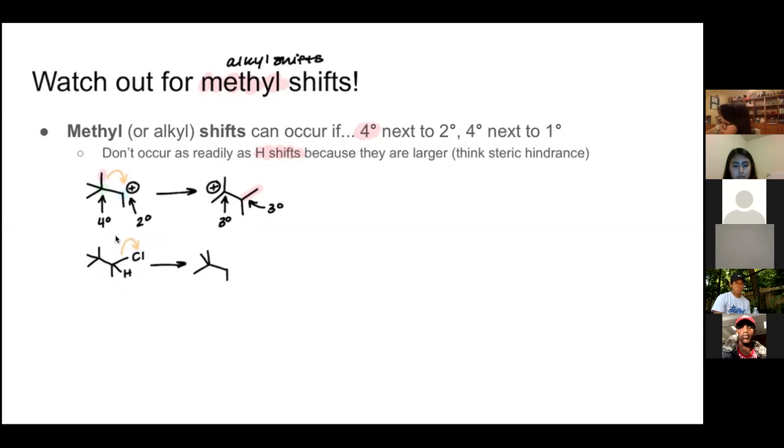It's going to give you, I'll just draw the hydrogen, it's going to give you this. Again, you're going to have the same issue where the carbon on the right in blue is secondary. The guy on the left is quaternary. So he's going to give his friend the methyl group.